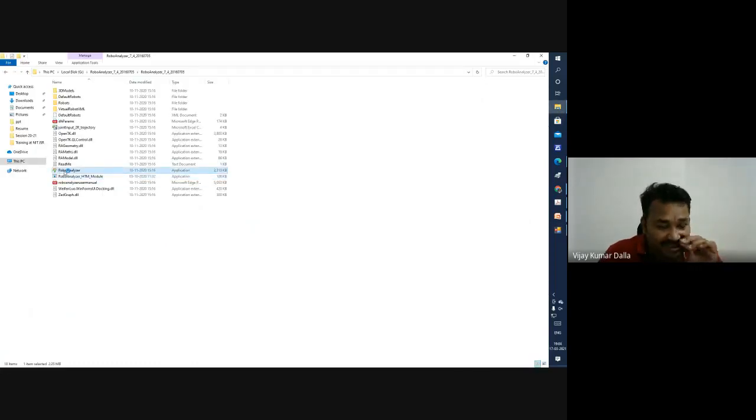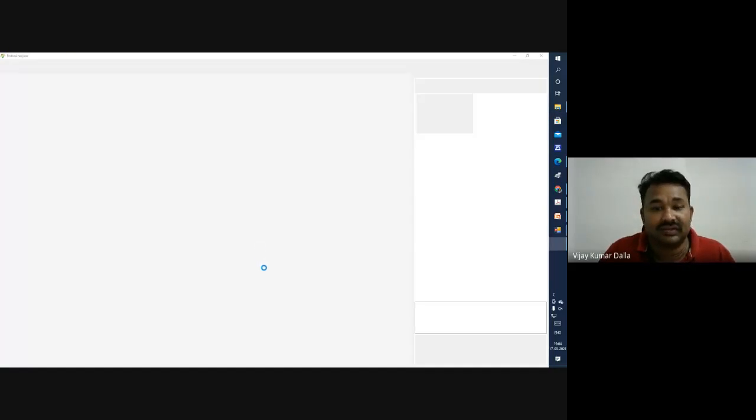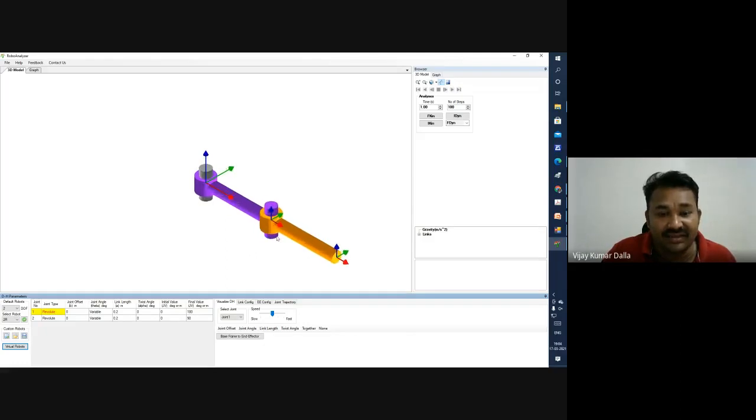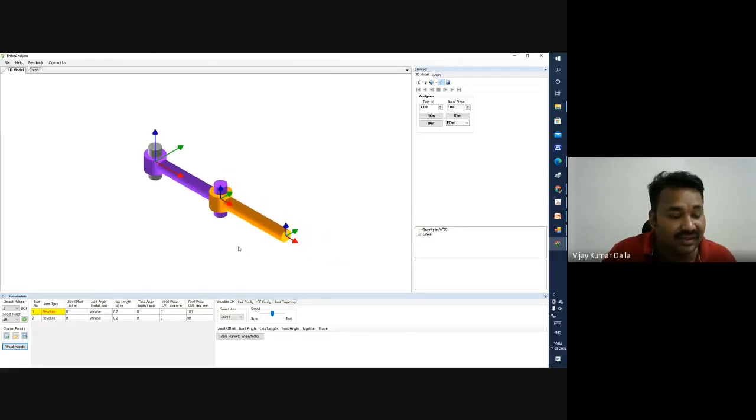the RoboAnalyzer. By default, this robot is coming into the picture, and you can see the DH parameters on the bottom panel. See, the default robot is a 2 degree of freedom robot.